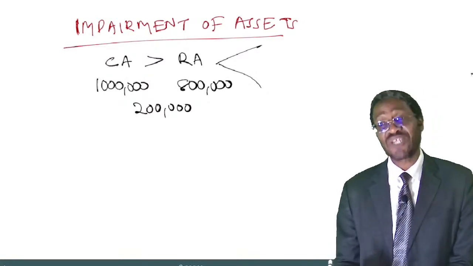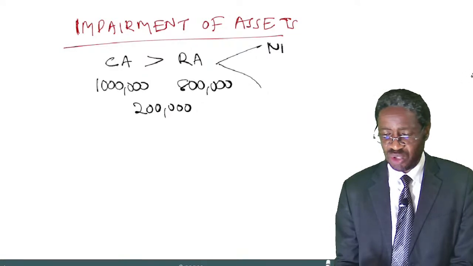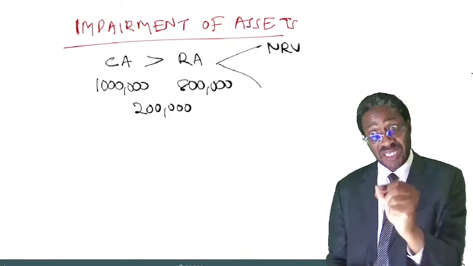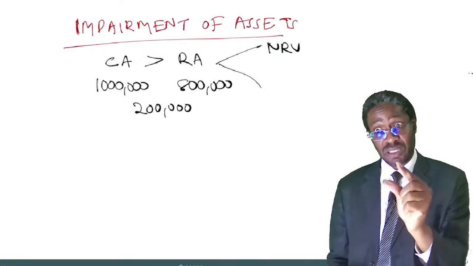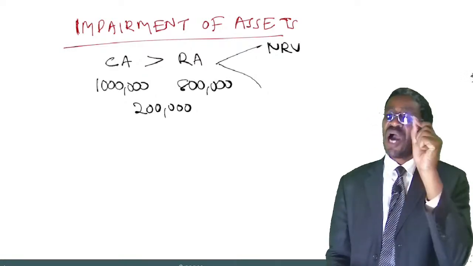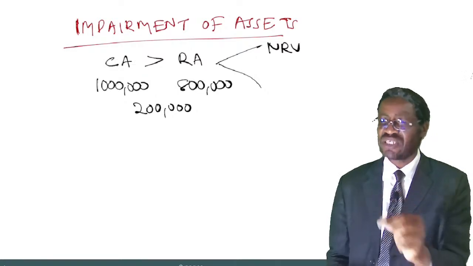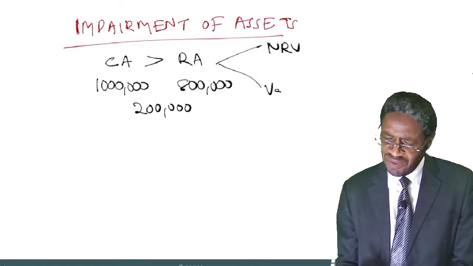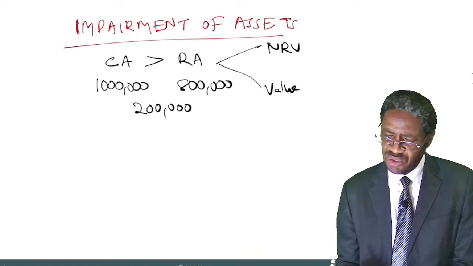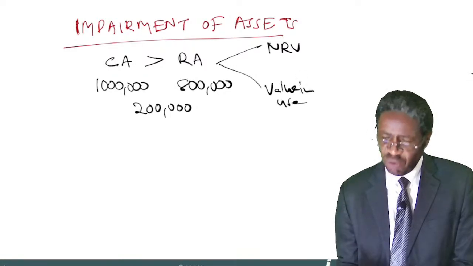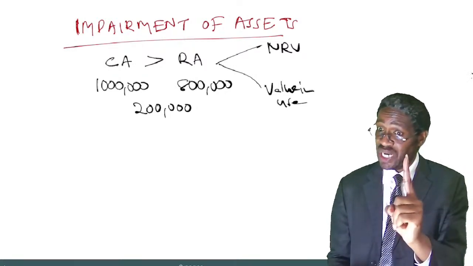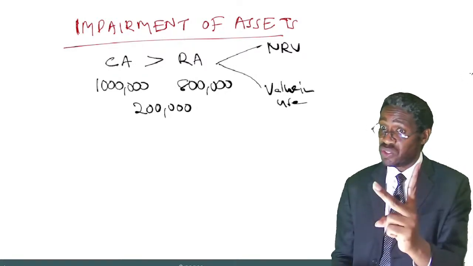One value that you will have to calculate is what we call the net realizable value. Then you compute another value, which we normally call the value in use of that asset. So for that one asset, you have those two values.